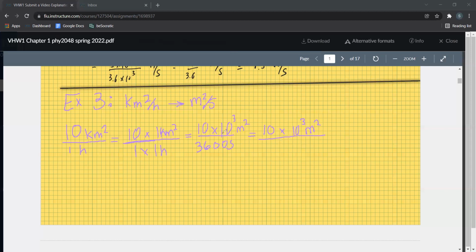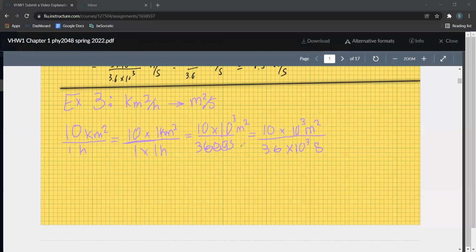I go to my denominator, I look at it, right? So there's 3 here, so I can move 3 decimal places left. 1, 2, 3. Now it's smaller. It would be 3.6 times 10 to the 3 seconds. We can cancel these out.